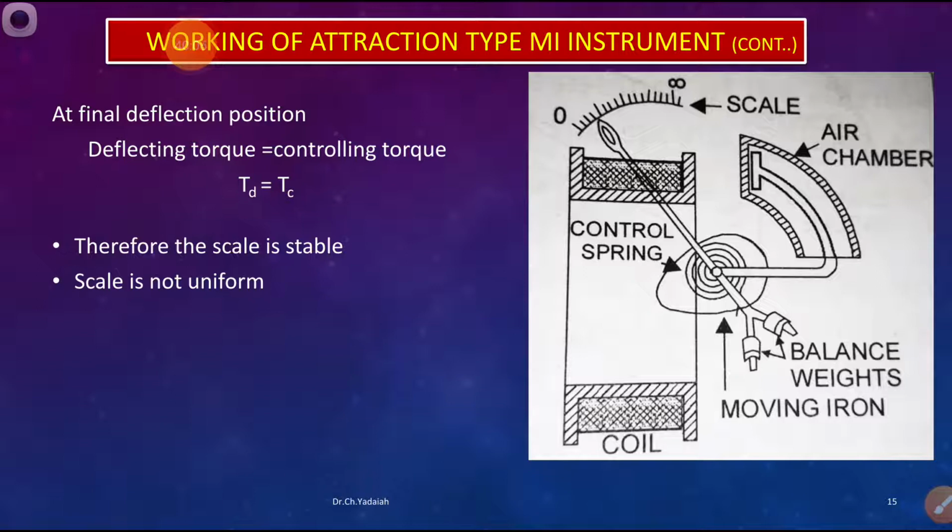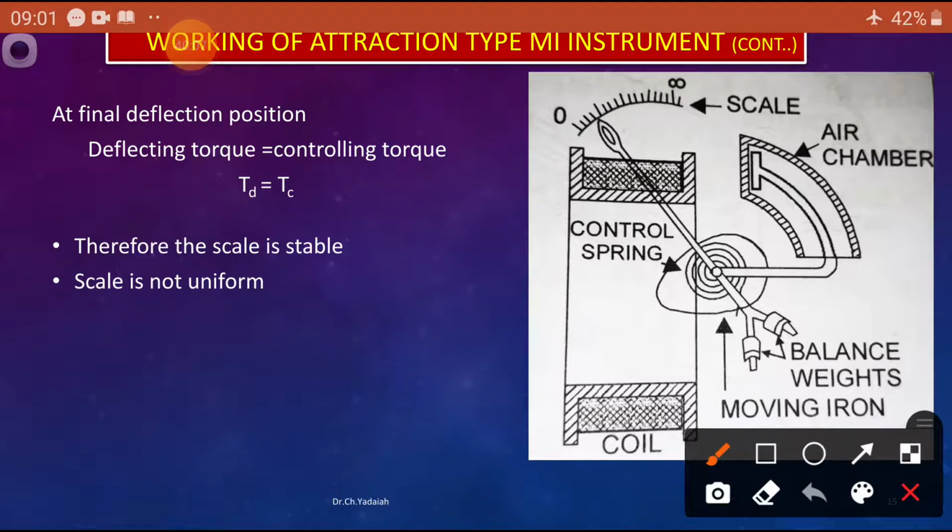Because, for example, take one example. When 1 ampere is given to the coil, you can change the current direction, it tries to attract the iron piece inside.